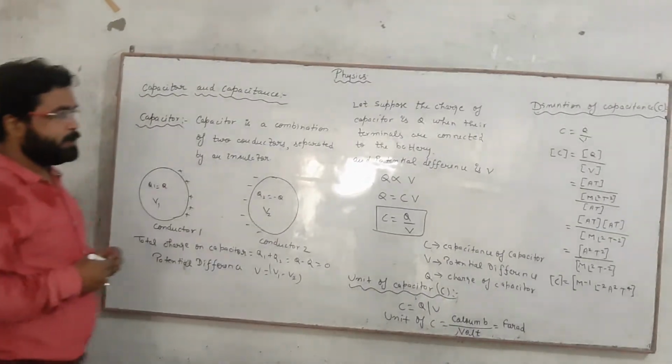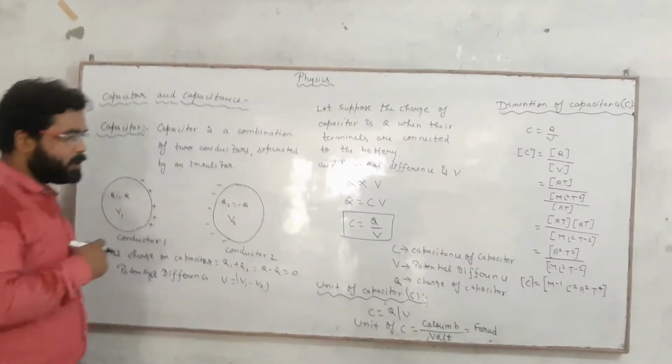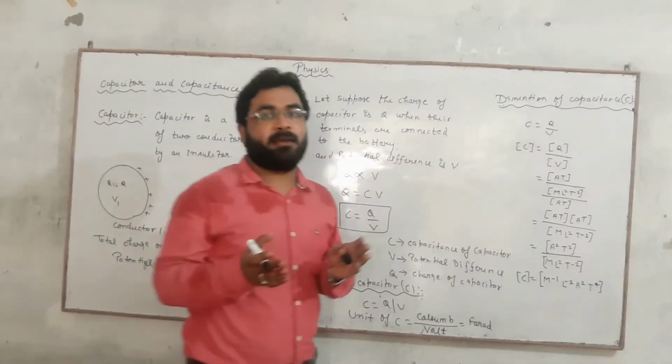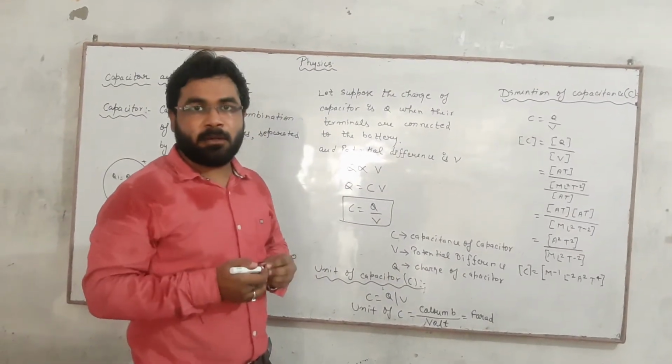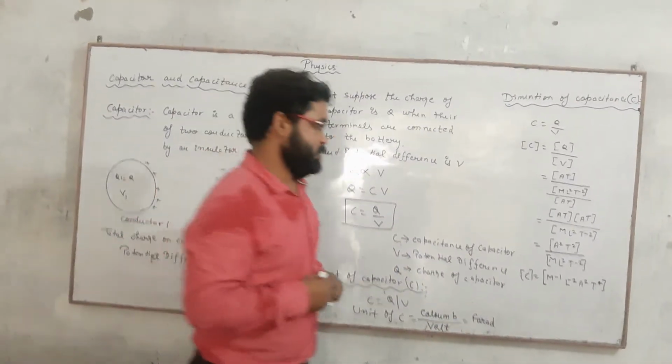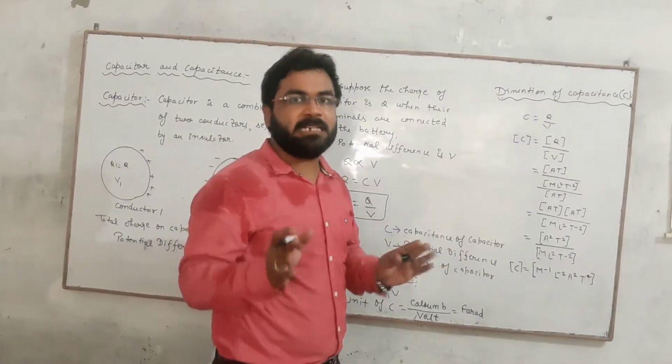One more thing, there are some more units also, because the farad is a very big unit of capacitance. Most frequently this unit is not used because it is a very big unit. That's the only reason.